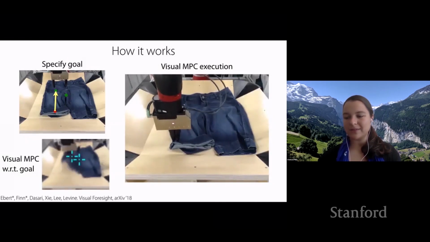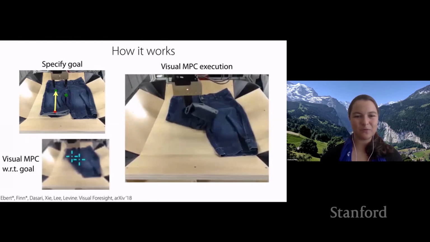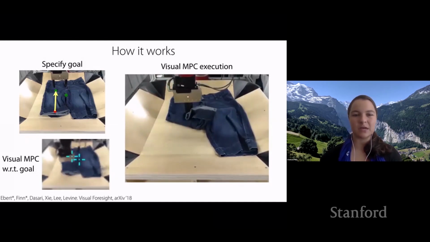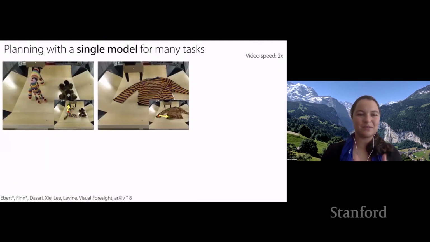This is with a model that isn't quite as precise as the latest models that I mentioned before, but it can still approximately accomplish the task. And of course, one of the nice things about these methods is that with just a single video prediction model, you can accomplish not just one task, but many different tasks, assuming that the dynamics in the visual space and of the world are constant across these different tasks.